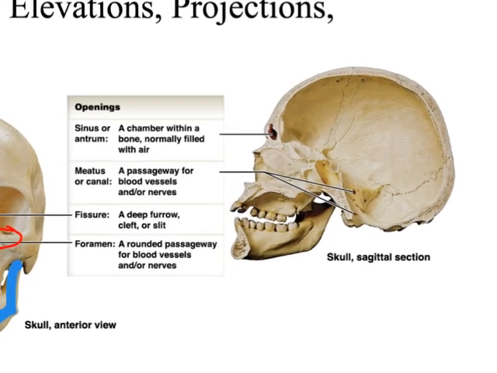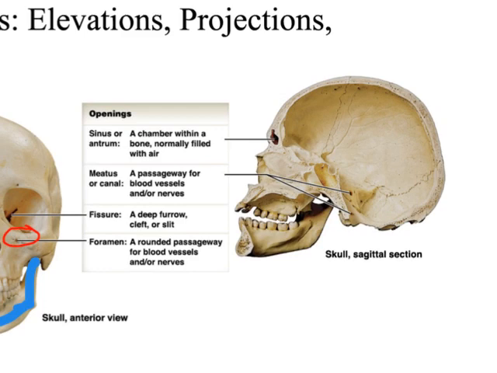If we move over to this picture, most of you have heard of your sinuses. These are typically fluid-filled holes or chambers, sometimes filled with air, sometimes filled with mucus. A meatus or a canal, you're going to see this in a few different parts. It just basically means a passageway. And quite honestly, foramen and meatus are almost used interchangeably.